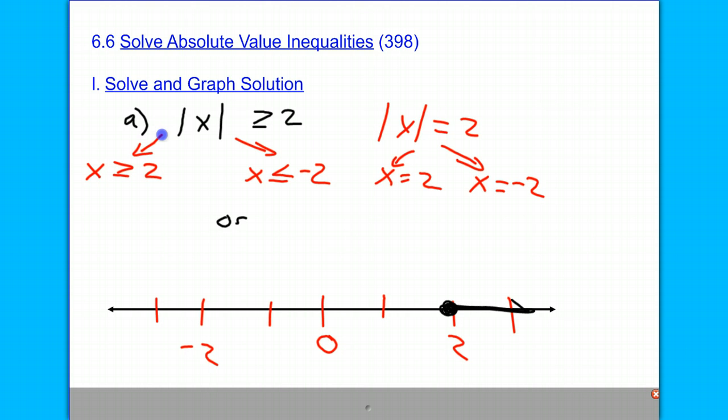These values are greater than 2, and the solid dot says it's equal to 2. And then on the other one, we have x's less than or equal to -2. So what type of dot do we put at the -2? Closed dot. And we go which direction? To the left. Okay, so we have an OR inequality. Interesting.